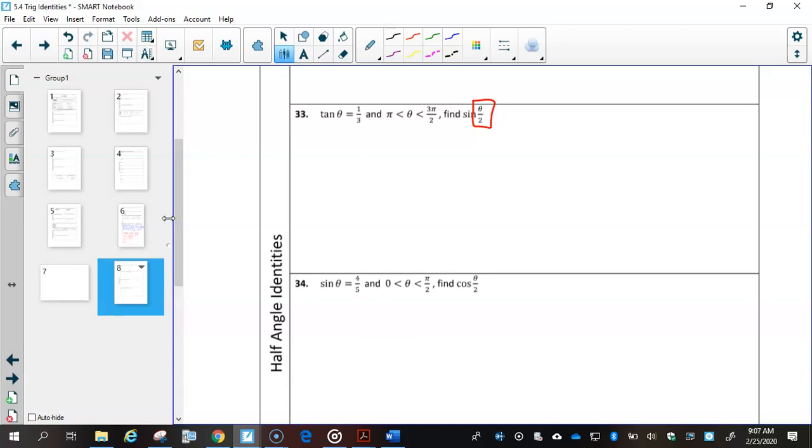With these, they also kind of look like your double angle. So because they look like that, some of the same things we did to find our double angle are going to apply. But what we knew about how to find which ones were positive and negative have now changed.